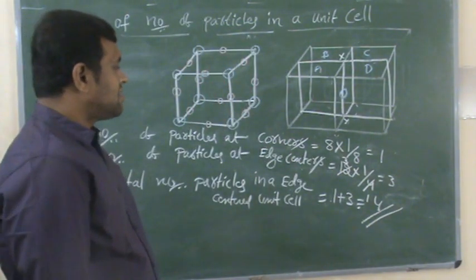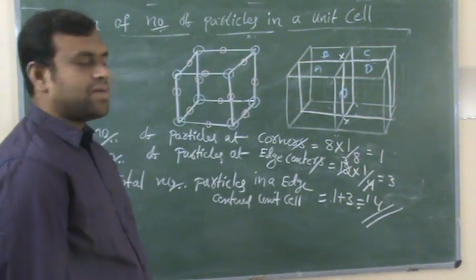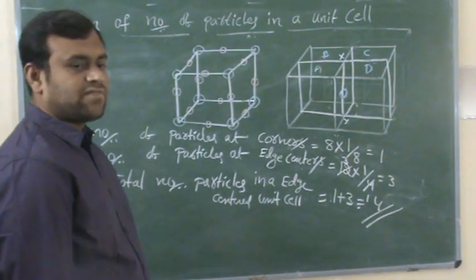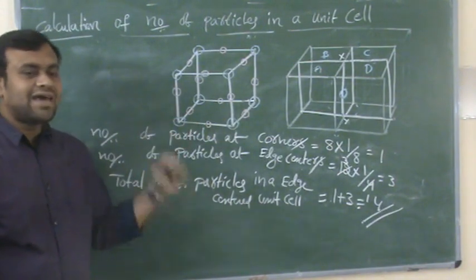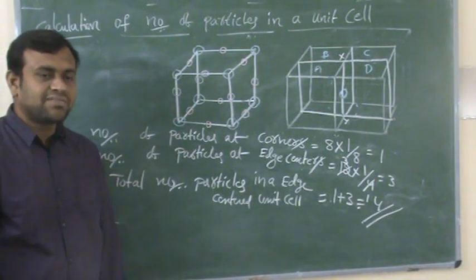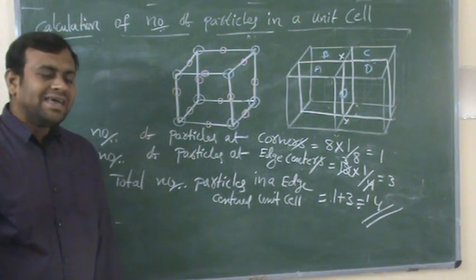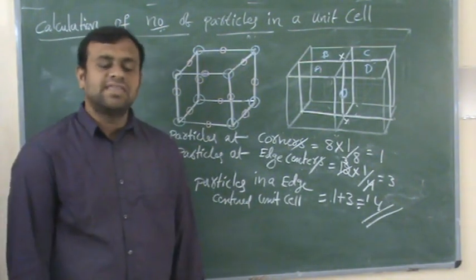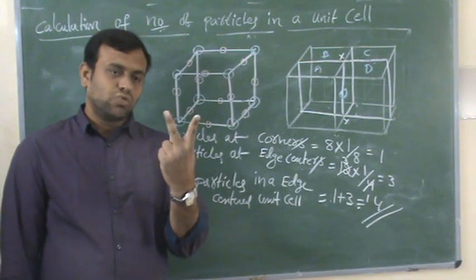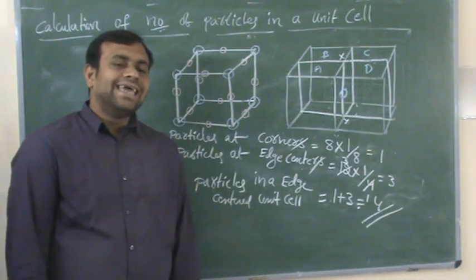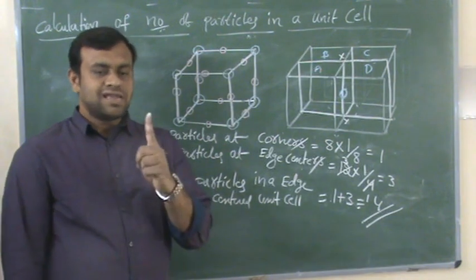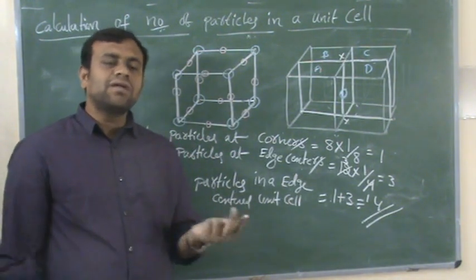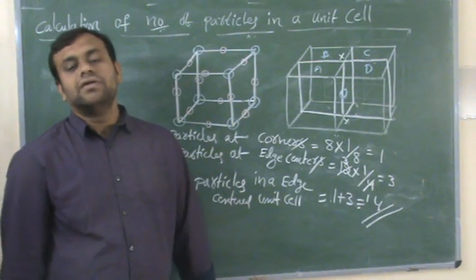So, this is how you can remember the number of particles in each of the unit cells. So, remember this is also called as Z effective. Sometimes they may ask what is the Z effective of BCC. You have to say 2. What is the Z effective of primitive? Right? It is 1. Z effective is nothing but the number of particles in the unit cell.